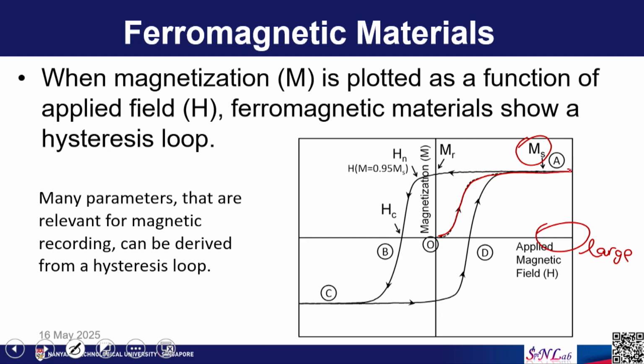So this saturated value is called saturation magnetization, and when you reduce the magnetic field to 0, there is no magnetic field, but still some magnetization remains in the same direction. So this remaining magnetization is called remnant magnetization, MR.